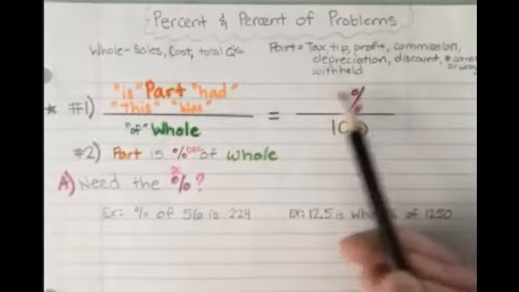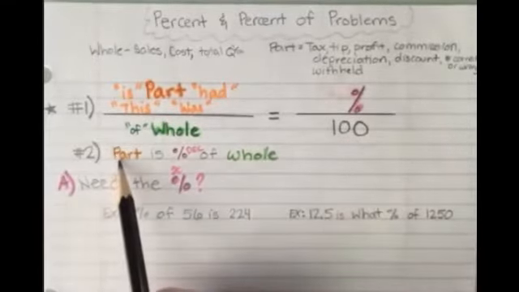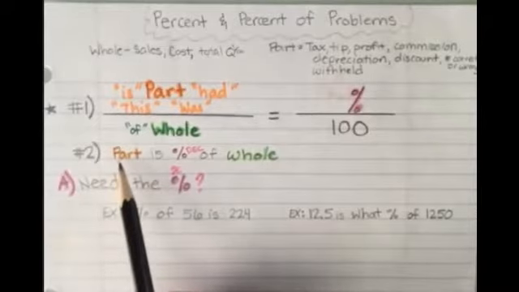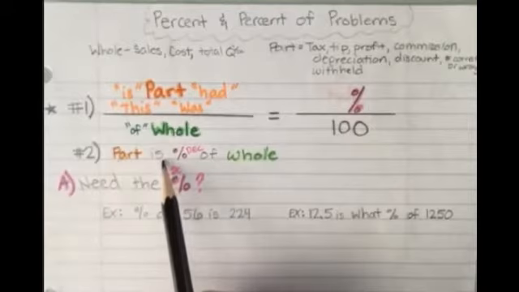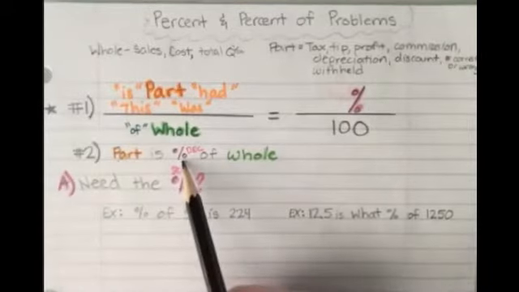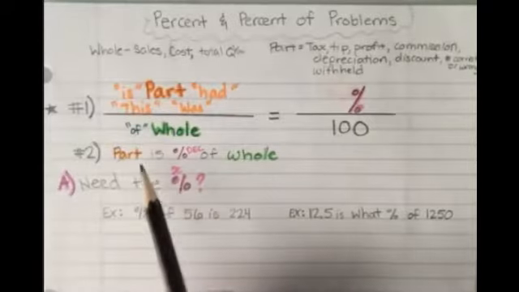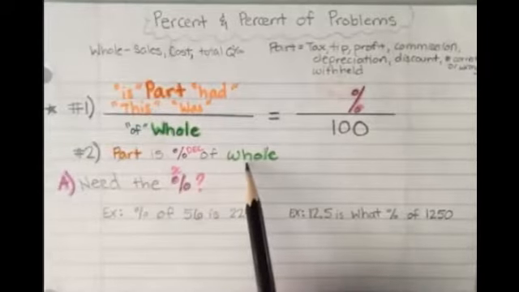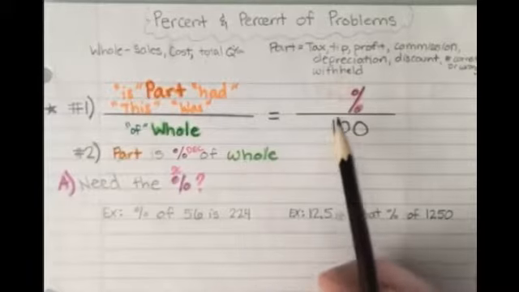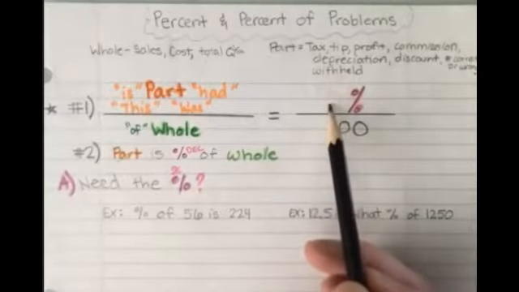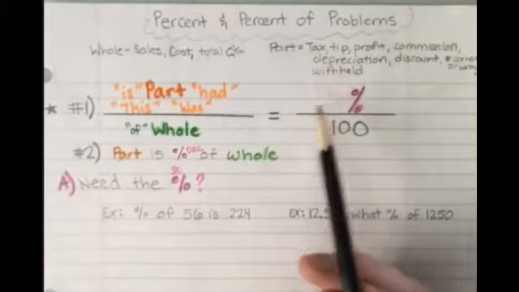The proportion method is also expressed in what we used for estimation. Your part, so like 5, is 10% of 50. So this method works as well, but it has a lot of error. The reason is, for this one, you don't have to convert anything. You just put your percent that they give you right there.